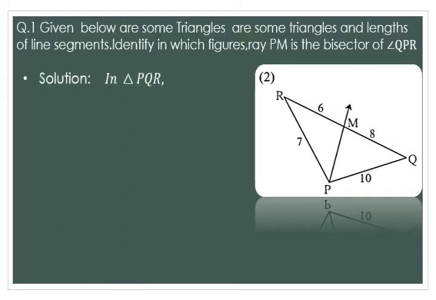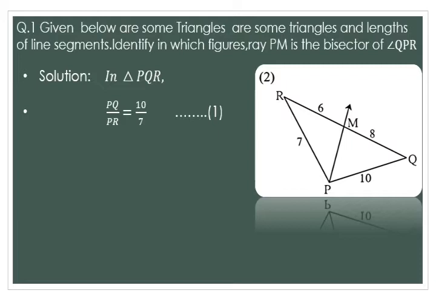So let's start. In the solution we first write: in triangle PQR, PQ upon PR is equal to 10 upon 7. We cannot reduce it further, so it is 10 upon 7, equation number 1.